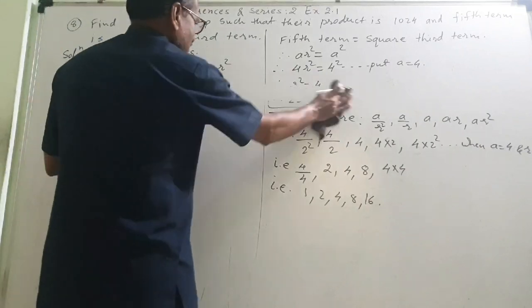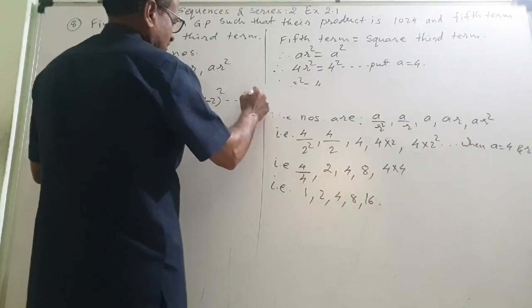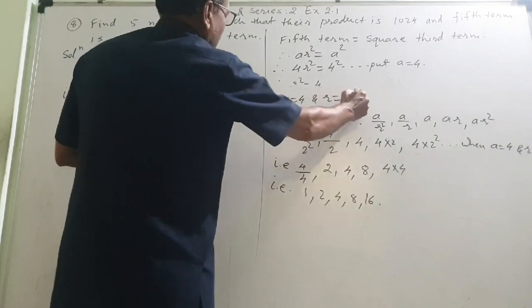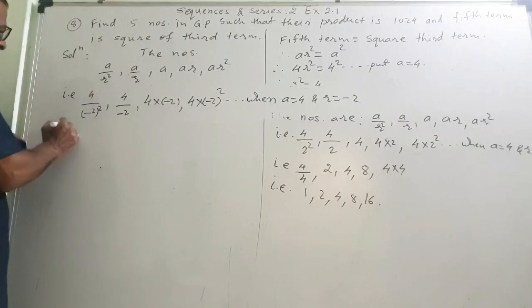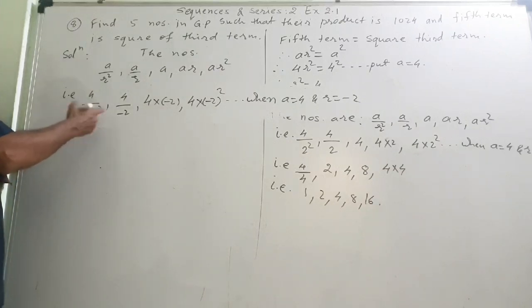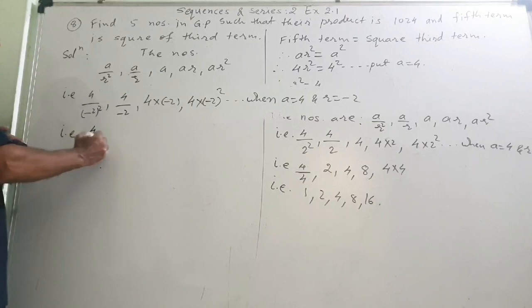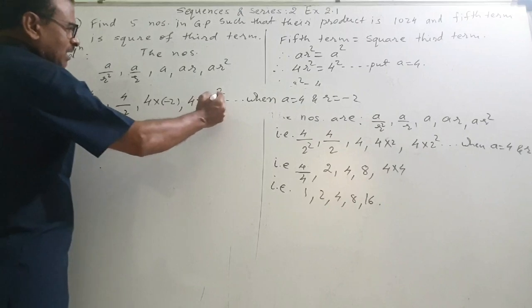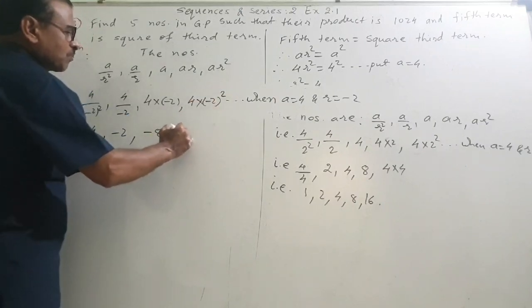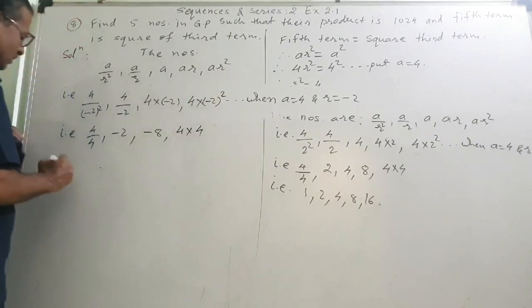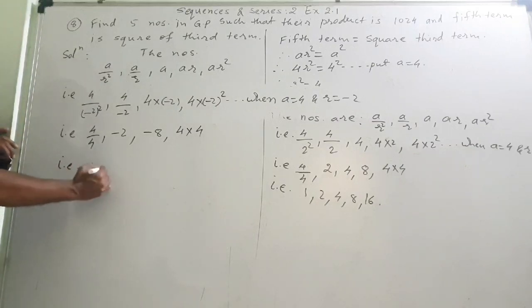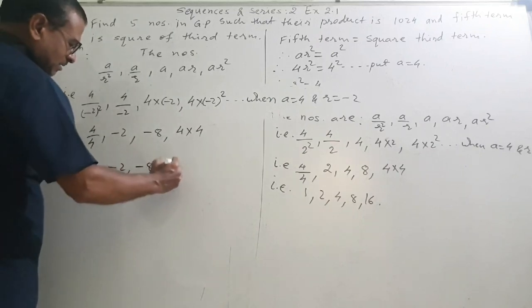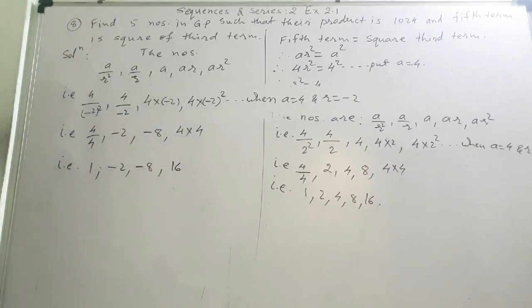And here I will write, when a equal to 4 and r equal to minus 2, that is, minus 2 square is 4. 4 upon 4, comma, minus 2, comma, minus 8, comma, 4 into minus 2 square is 16. That is 1, minus 2, minus 8 and 16. So these are the numbers.